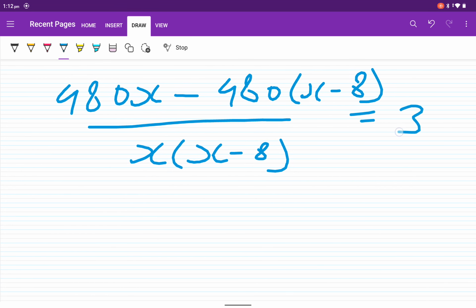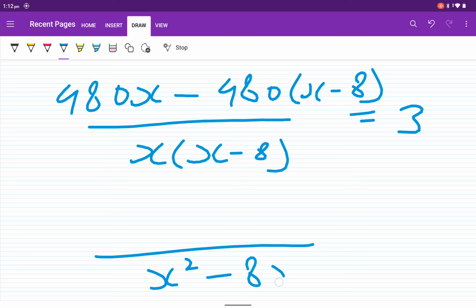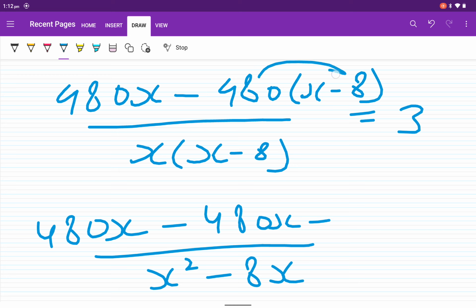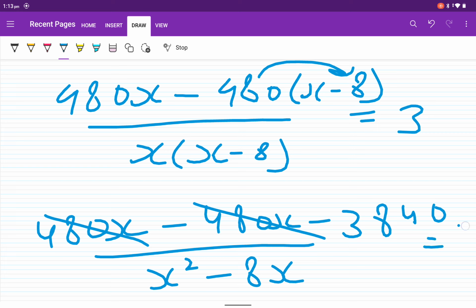So x square minus 8x. 480x would remain like this, minus 480x, and 480 into 8 will be 3840. Now 480x minus 480x would be cancelled, equal to 3.